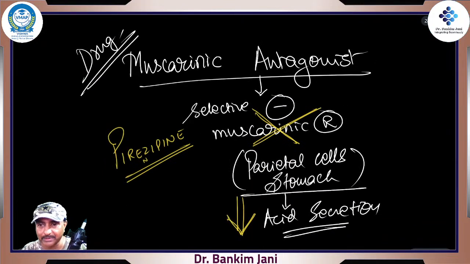Acha, what was your question? If we give an agonist of the muscarinic receptor, obviously that's right, because it will selectively tell the parietal cells, chalo, go ahead. An antagonist will decrease it.